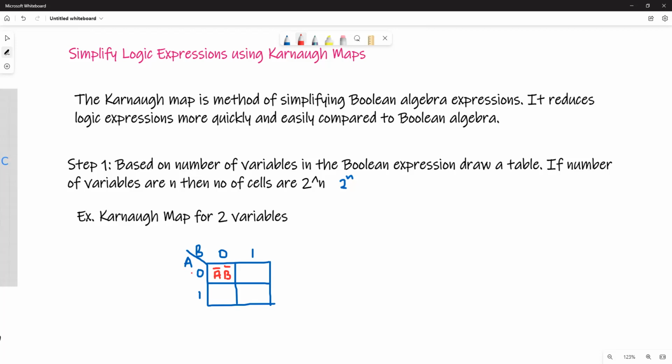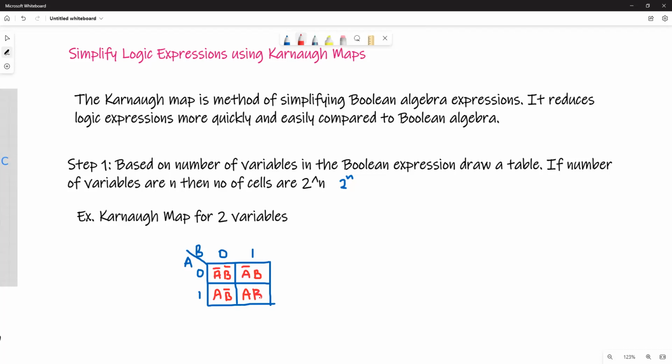Similarly, when A is 0 it means A bar, and here 1 means B. So this cell represents A bar and B. Similarly, here we have A, and from the B side it's B bar. So this one is A and B bar. And from here it will be A, and from here it will be B.